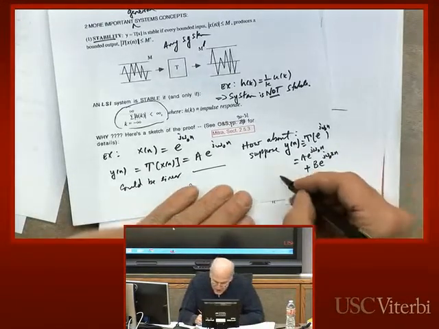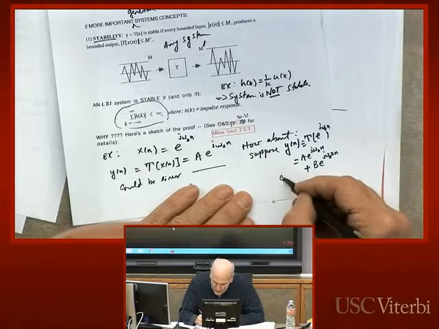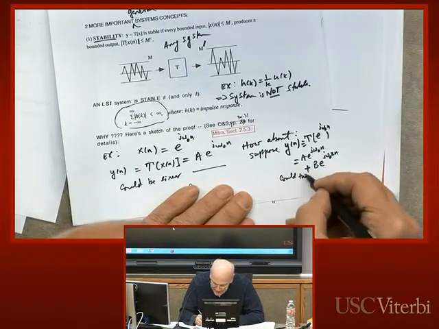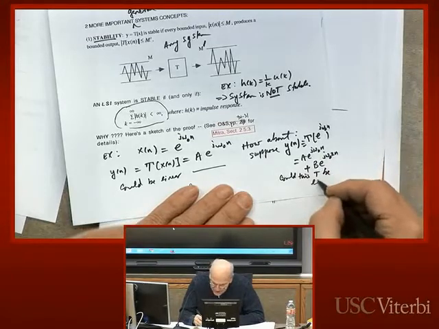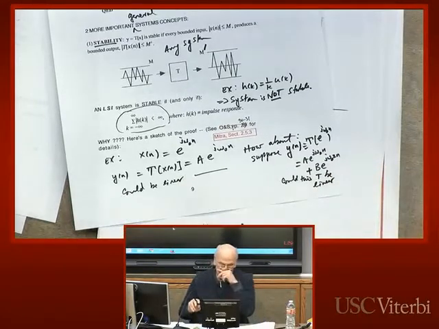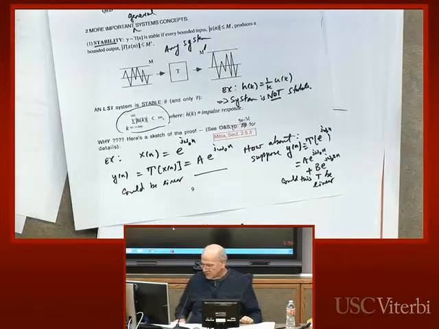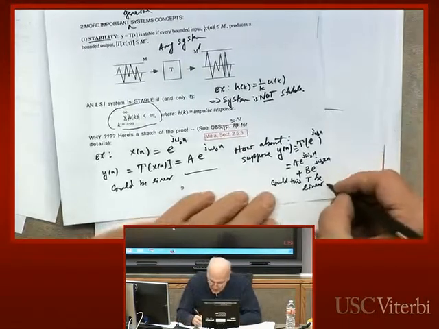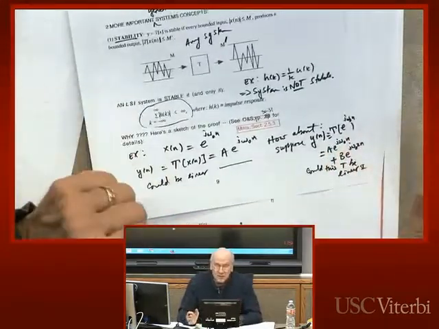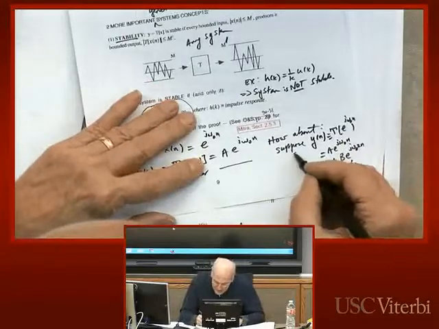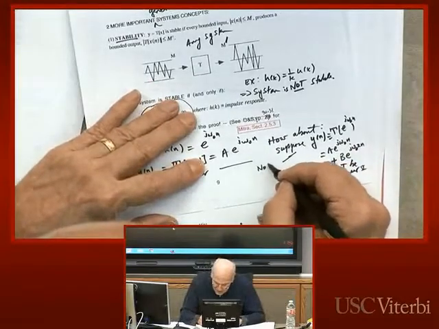So the question is, could this T be linear? Like I said, that was a question I had on an exam a long time ago. And could it be linear shift invariant, I should say. And the answer, surprisingly, is no.